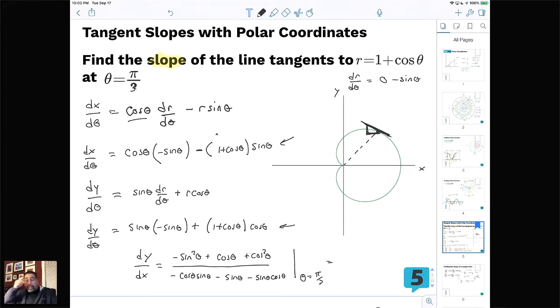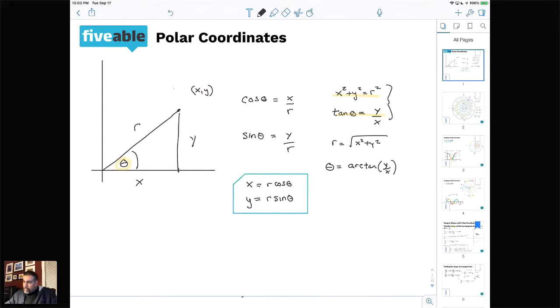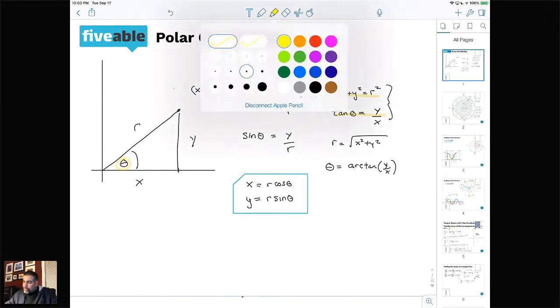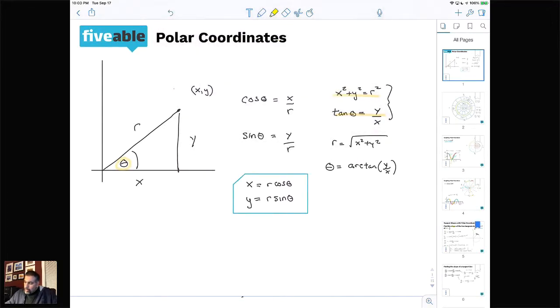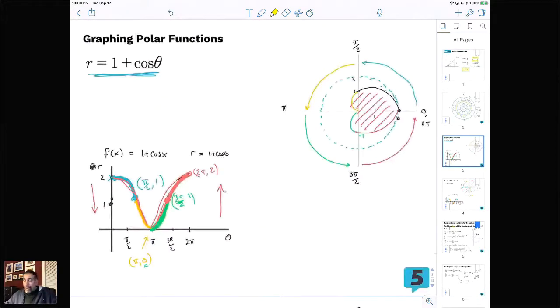But the one thing that I really want to stress is that going back to the original examples we talked about, if your students are familiar with these expressions, they have a very good foundation to work with when they're talking about polar coordinates, going back and forth between rectangular and polar. As for the questions the exam likes to ask, it is rare you're going to see a graphing problem.